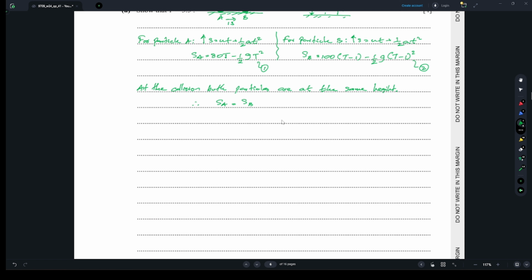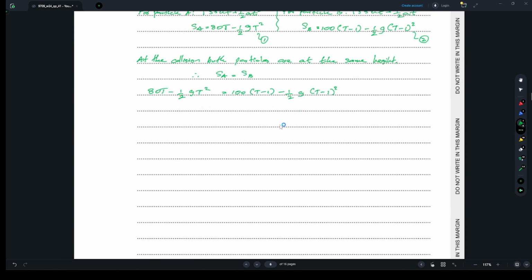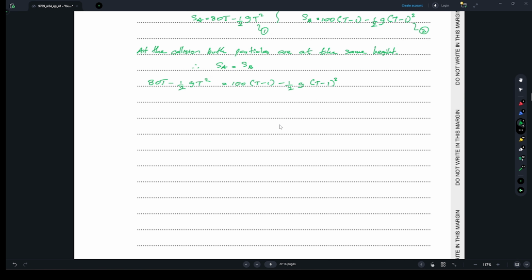So then I have this equation. For SA, 80t minus half g t squared equals SB, which is 100 times (t minus 1) minus half g (t minus 1) squared. Now we have to simplify. Here we have half, so I don't like it, so you can multiply all the terms by 2.